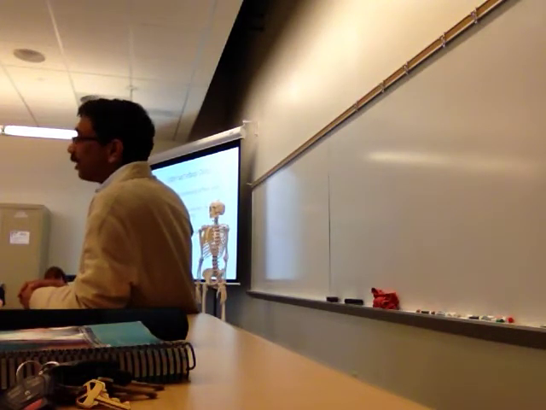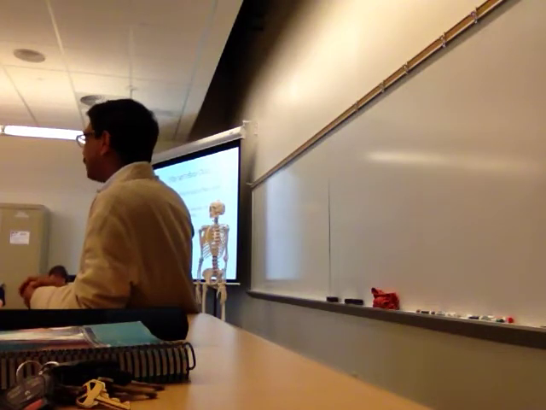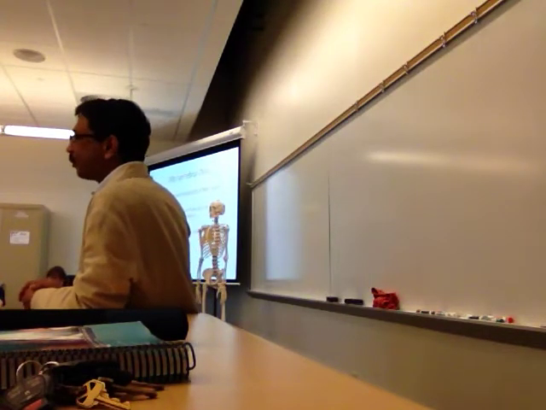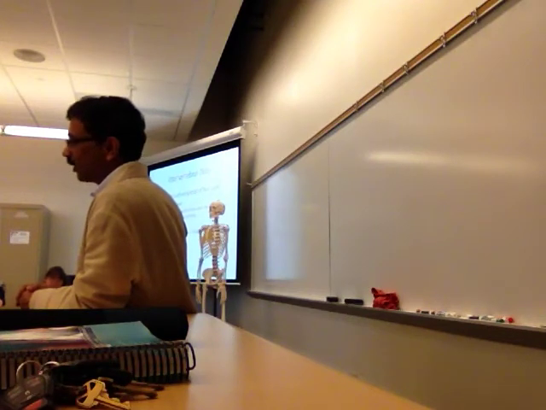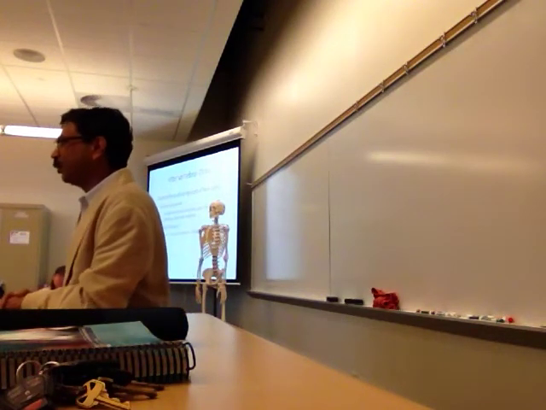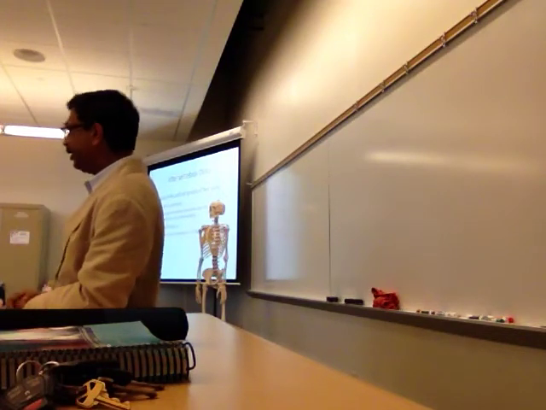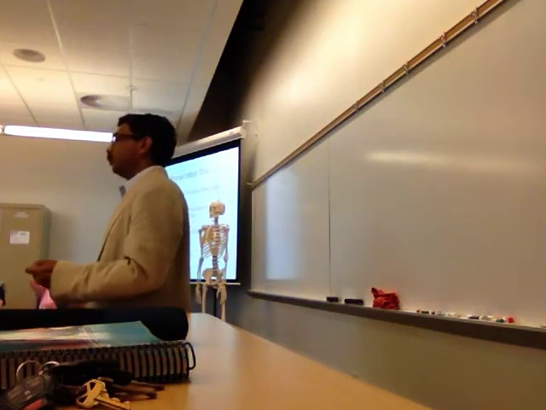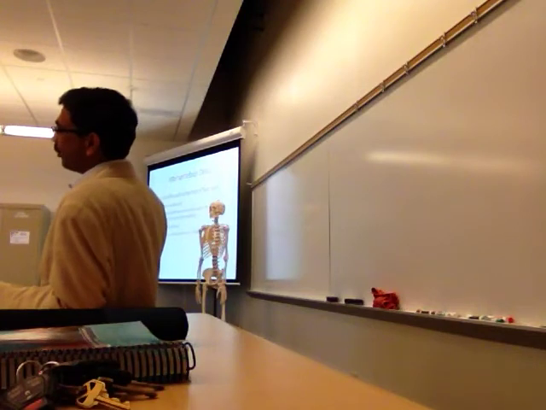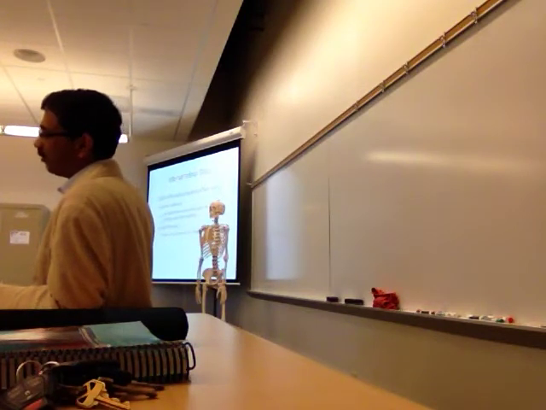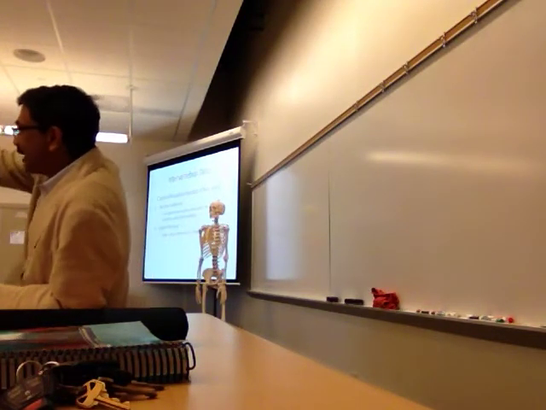Okay, now intervertebral disc has 2 parts. The inner part is called the nucleus pulposus. Remember, when we say nucleus, we usually indicate the center, right? So the center part is called the nucleus pulposus, and outer part is called annulus fibrosus. Annulus means around.